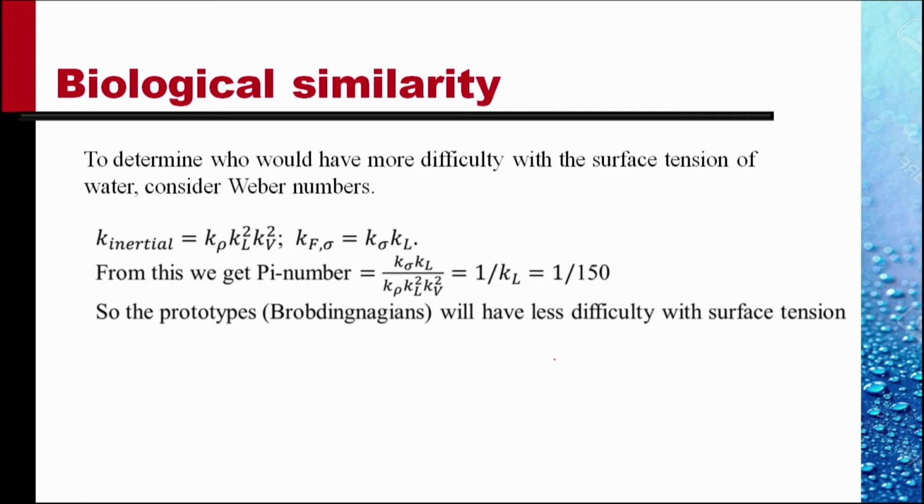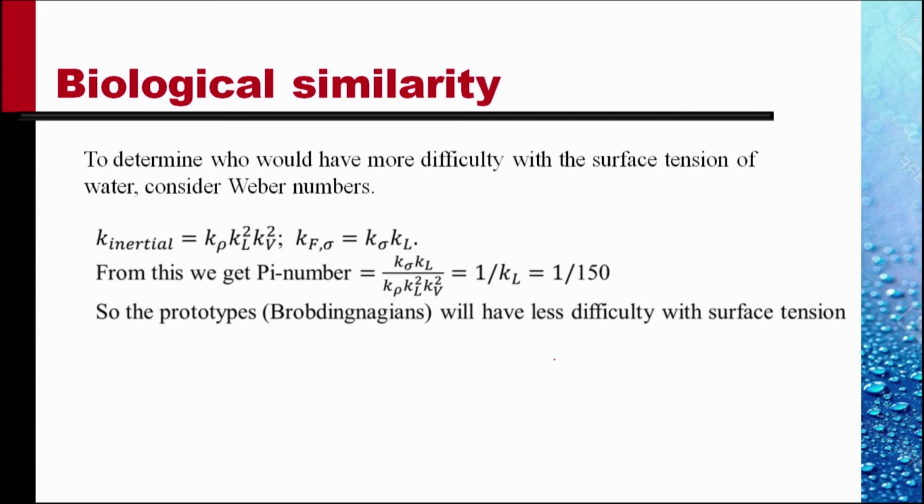And the surface tension force, K sigma, is K sigma times KL, because surface tension force is sigma times the length. From this, we get the pi number, K sigma by KL divided by K rho, KL square, KV square, which is 1 over KL.